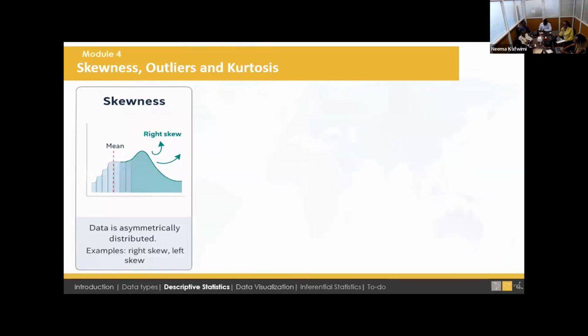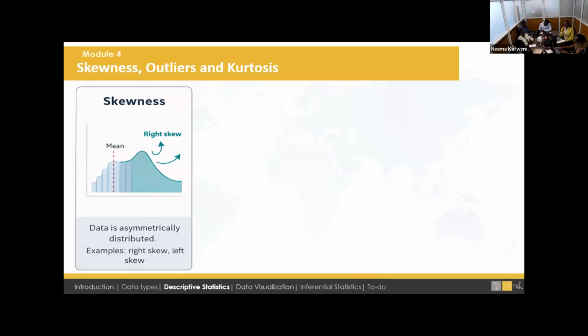We also have the concepts of skewness, outliers, and kurtosis. Skewness is about how your data is aligned. Usually we expect the data to be normally distributed, but in most public health data, the data is asymmetrical. It can be skewed to the right or to the left.